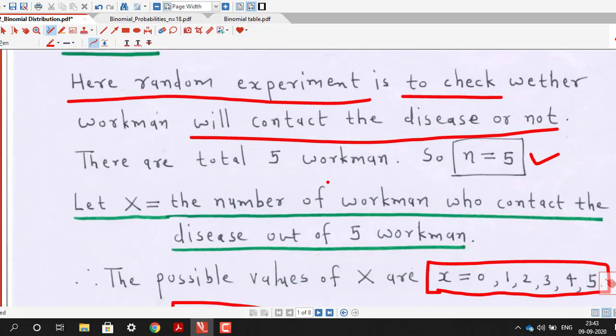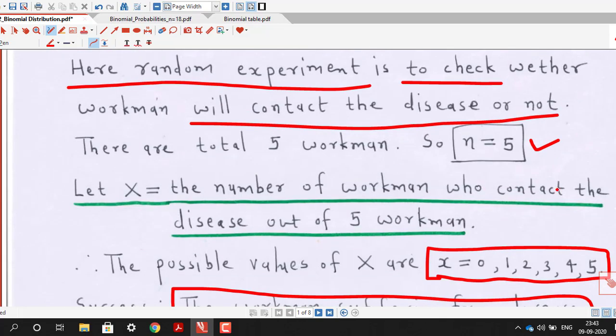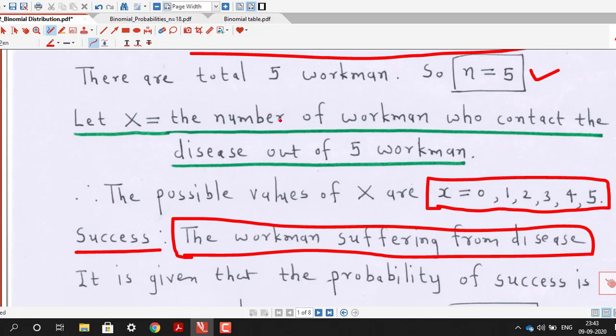So we define capital X as the number of workmen who contract the disease out of 5 workmen, and success is the event that the workman is suffering from disease. This assignment of success to the event depends on the defined random variable. Here the random variable is the number of workmen who contract the disease, so we define success to be workmen who contract the disease.